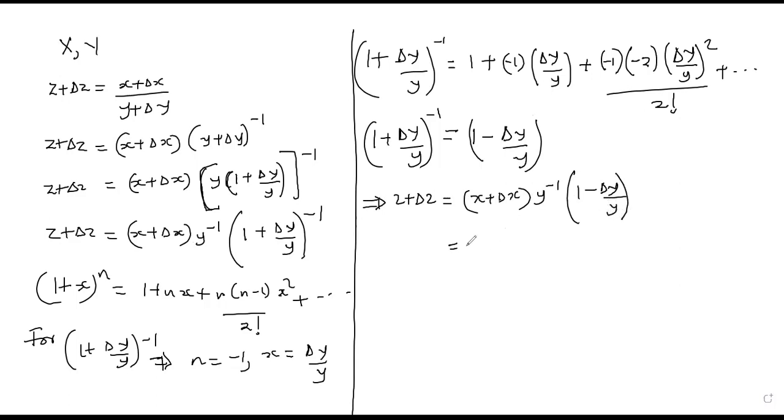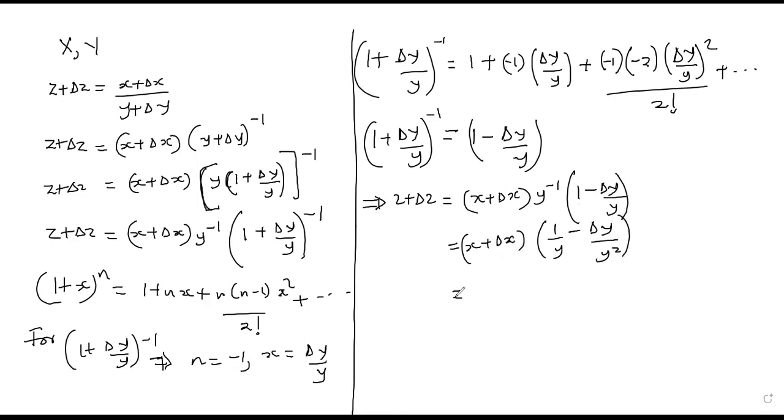So this is going to be x plus delta x, then this is y to the power negative 1, which is the same as 1 over y. If you multiply 1 over y here, you'll be left with the 1 over y. Then 1 over y times that, which is going to be minus delta y over y squared.